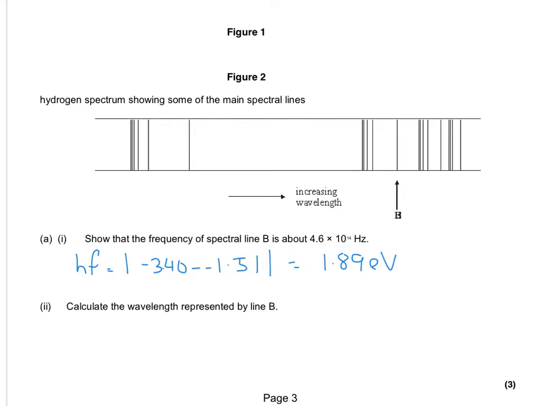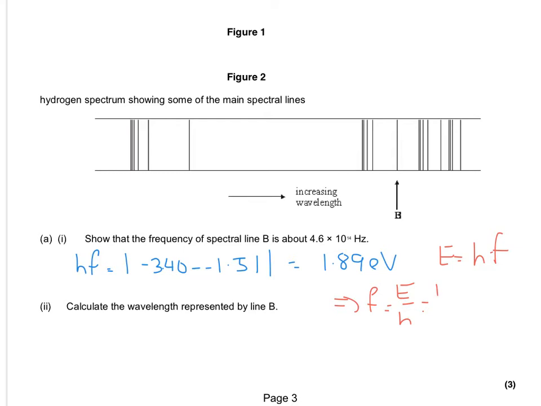And the other equation you should know is E equals hf. So what that means is the frequency is going to be the energy divided by your Planck's constant over here.